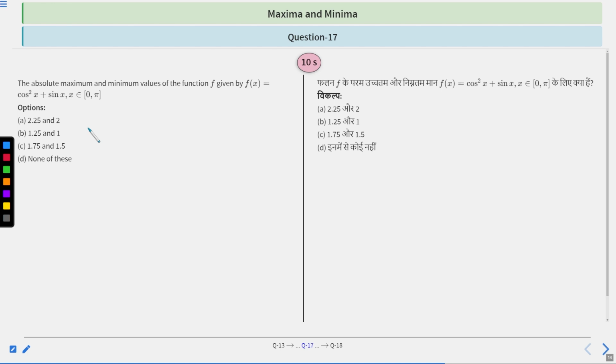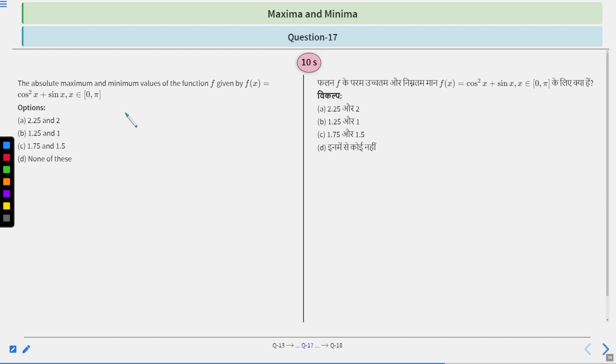Now we have calculated local minima and local maxima. For absolute maxima and minima, we must calculate the values of the function at the endpoints, right? So we will find f(0) and f(pi) and check whether they are greater or less than the previously calculated values. In this way, we will find the absolute maximum and absolute minimum values of a function, right?